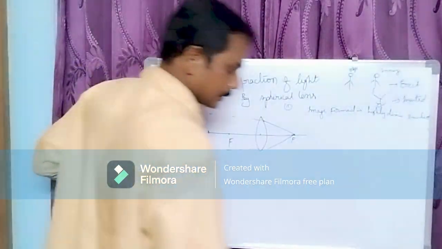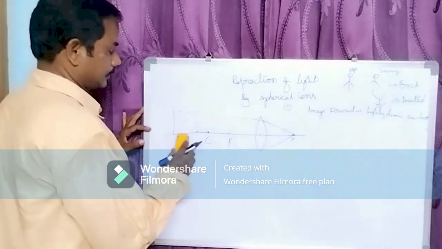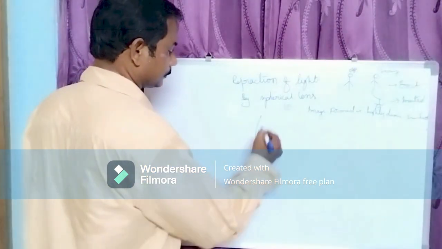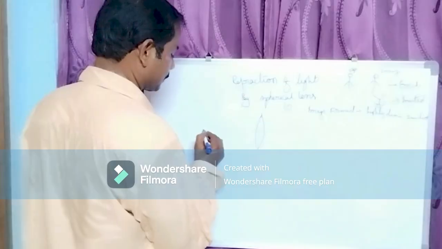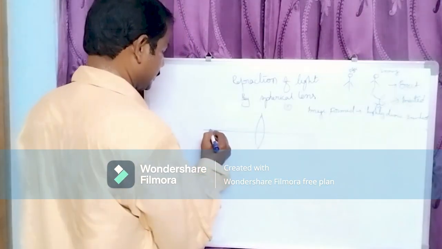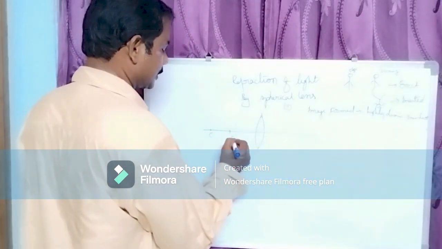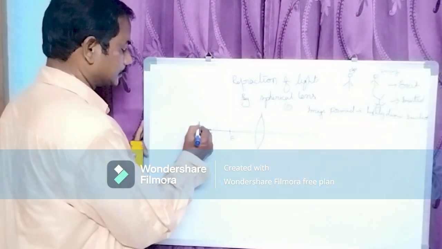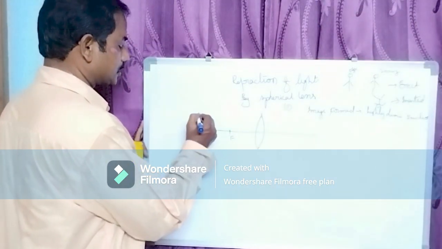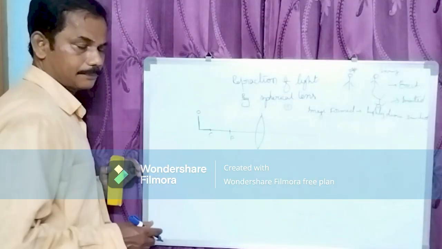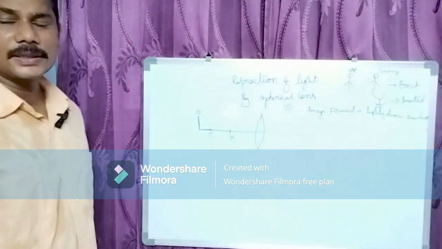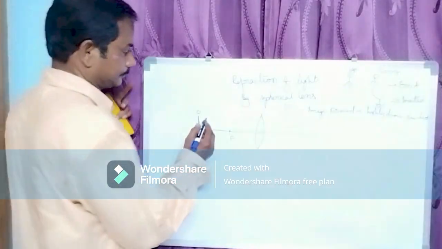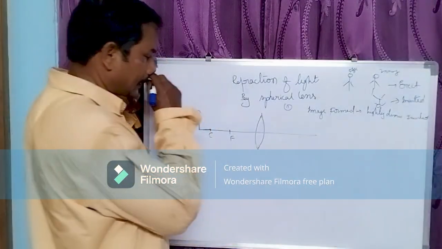Okay, let us leave this case. Now again, we have a second case. Likewise, the principal axis is similar. C is here, F is here. The object is just beyond C. In this case, where does the image form?